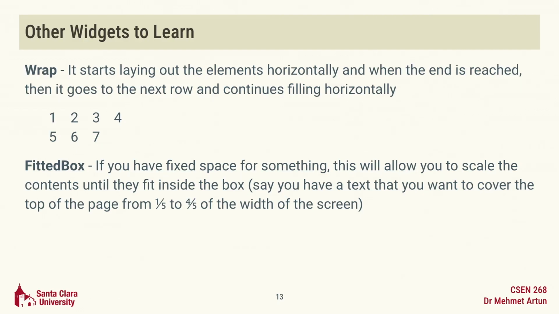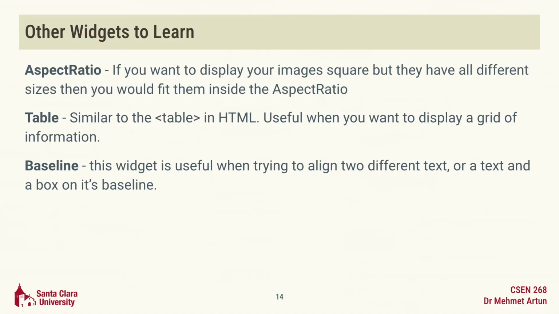So how would you do that? You can do it with the fitted box. You can do it other ways as well, like media query, etc. But the fitted box would just expand the item inside to the size that you want to fix it. So effectively, it zooms in and zooms out of the objects.